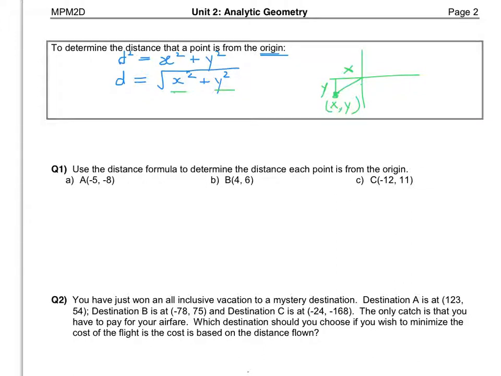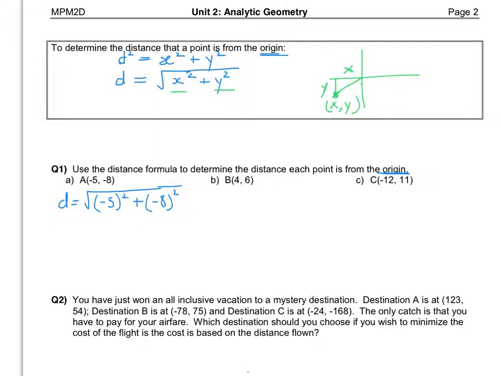All right, use the distance formula to determine the distance each point is from the origin. So I'll walk you through the first one, and then I want you to try the next ones on your own. So my distance should equal the square root of, and this is going to work because I'm doing origin. I know that point A is 5 units to the left of the origin, so that makes my run a -5, and my rise really is -8, which means it's downwards 8.